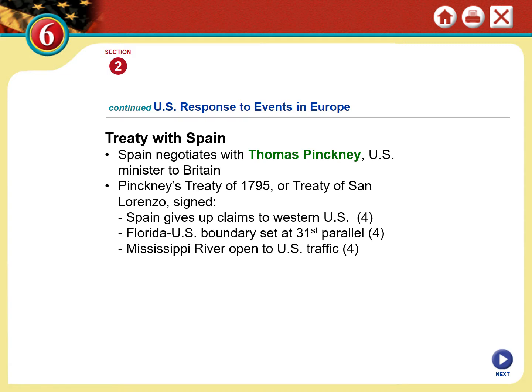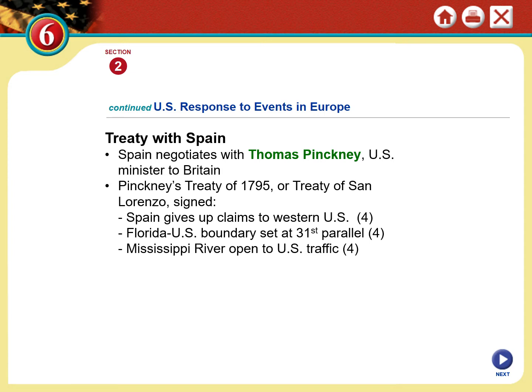So meanwhile, as I said, we are moving westward, for better or worse. And many of these lands had already been claimed by European nations, not to mention the Native American tribes that had lived there forever. But Great Britain, France, and Spain all realize that fighting the Americans for these lands was a bad idea.